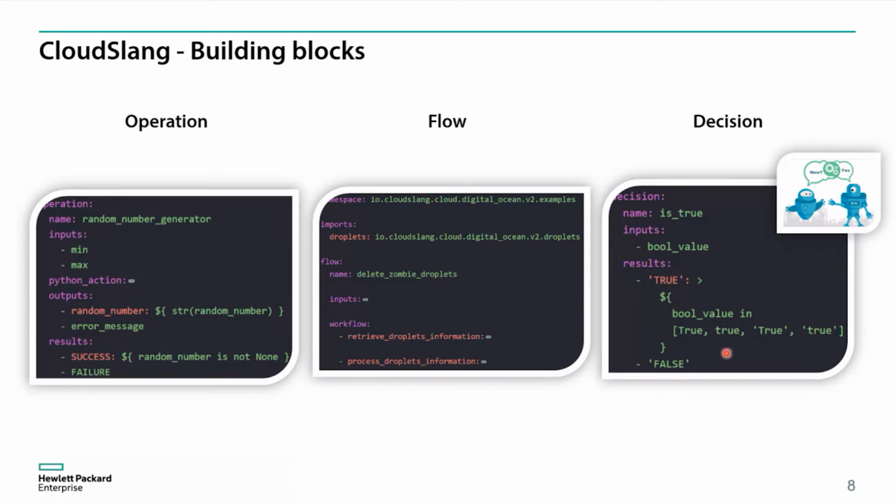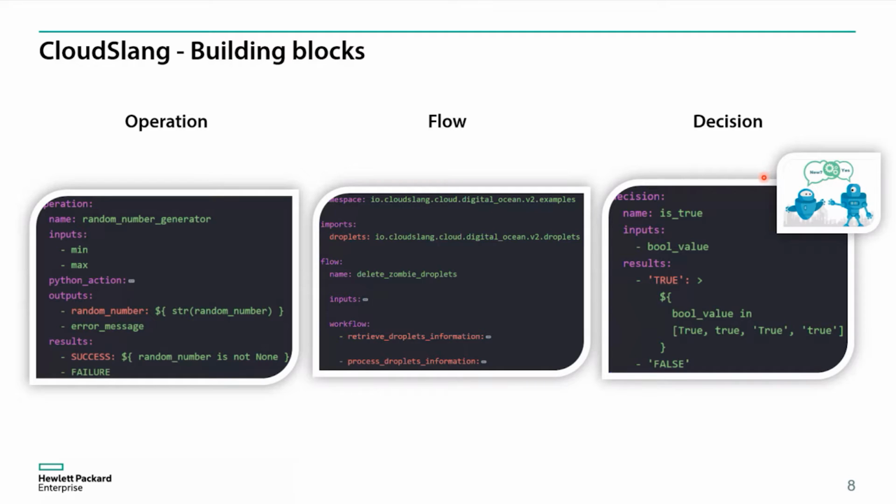If it's false, I will get out on false. These are pretty strong building blocks, and we'll see how we actually use them in big CloudSlang workflows. I'll try to show it to you today. Again, the decisions were added in 1.0, already there in GitHub.